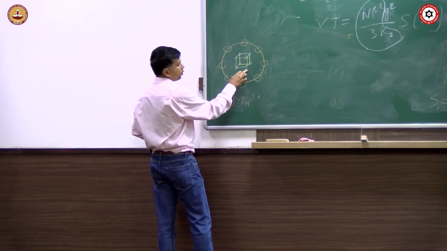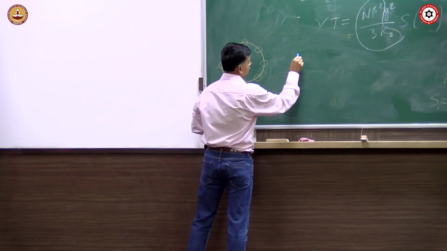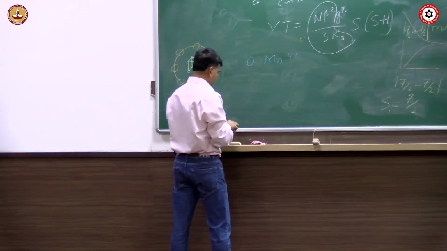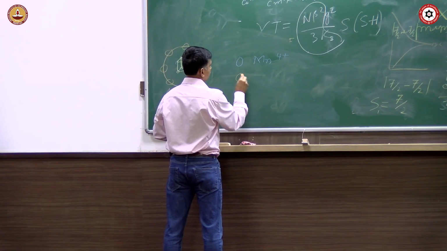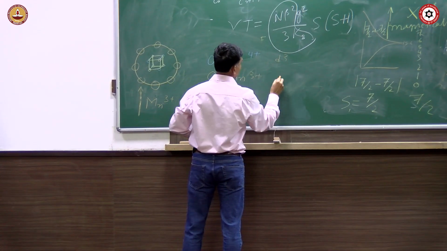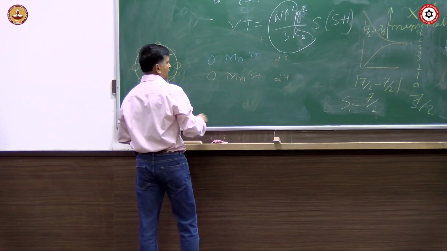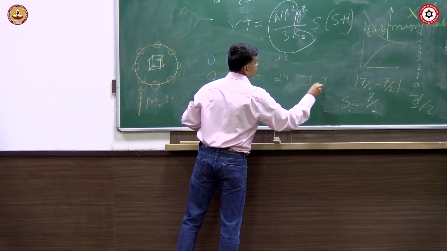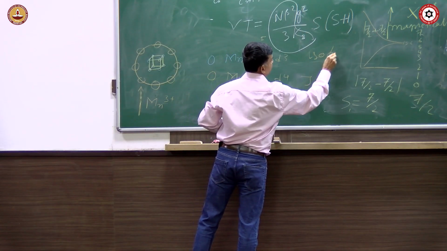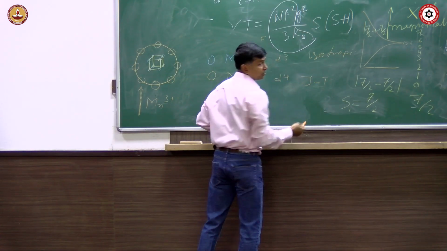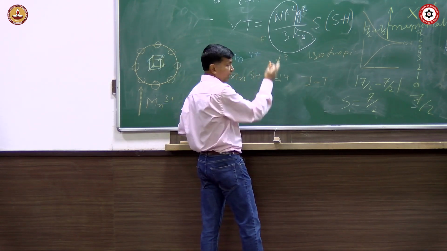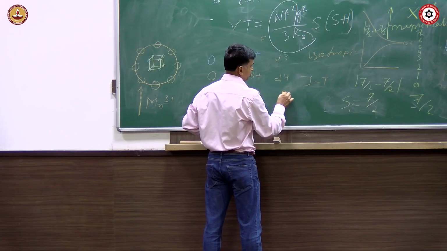So he had 4 manganese 4 plus, and here 4 manganese 3 plus. So this is a d3 system, this is a d4 system, and it has JT distortion, this one doesn't. So this one is isotropic, because spin density is everywhere the same, while the other is more along the z axis, so it is anisotropic.